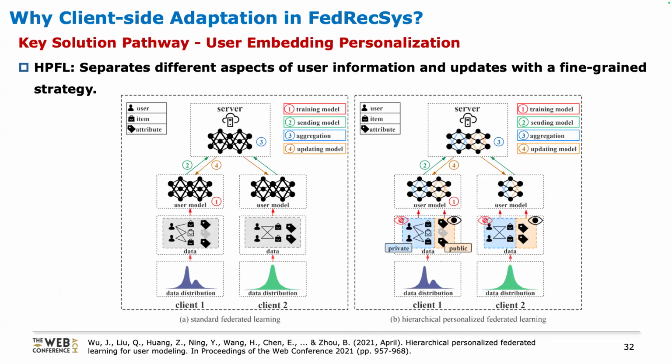Building on this basic idea, recent research has proposed richer forms of user embedding personalization, like HPFL. It introduces a hierarchical personalization approach where user representations are learned at multiple levels, like the individual and clustered, to better adapt to privacy heterogeneity and statistical heterogeneity in user data.